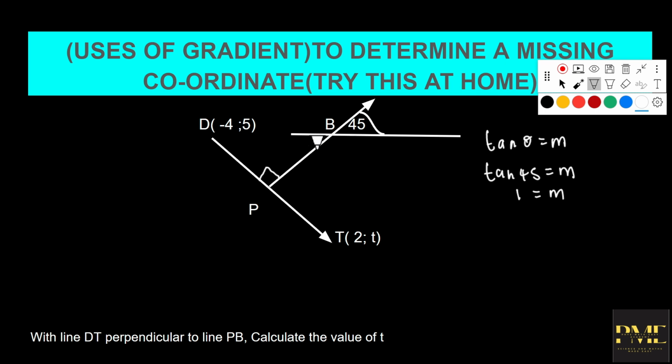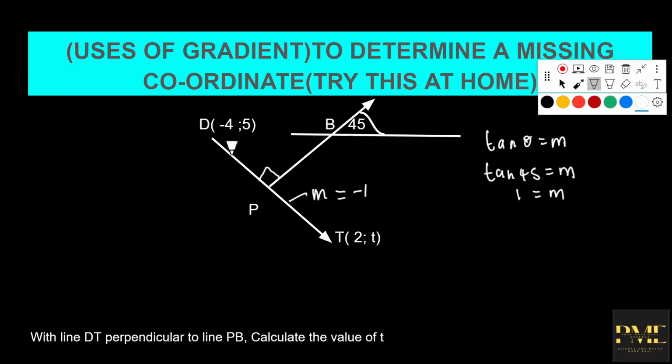So if PB is perpendicular to DT as they say, we can therefore conclude that the gradient of DT will be -1, because numerator to denominator, denominator to numerator, and then we change our sign. 1 is 1 over 1, so the gradient of DT will be -1. So we have our gradient of DT equal to -1.